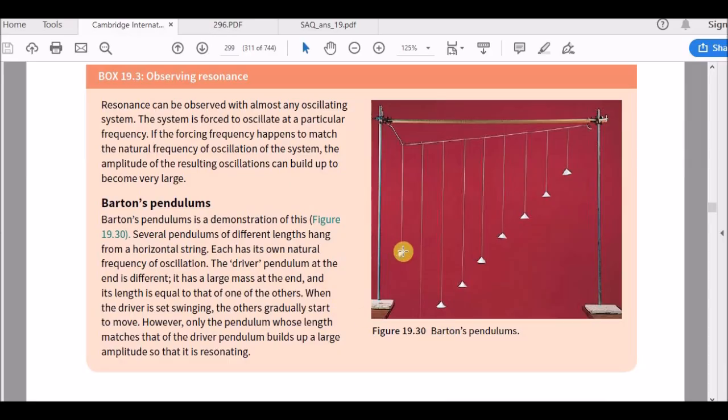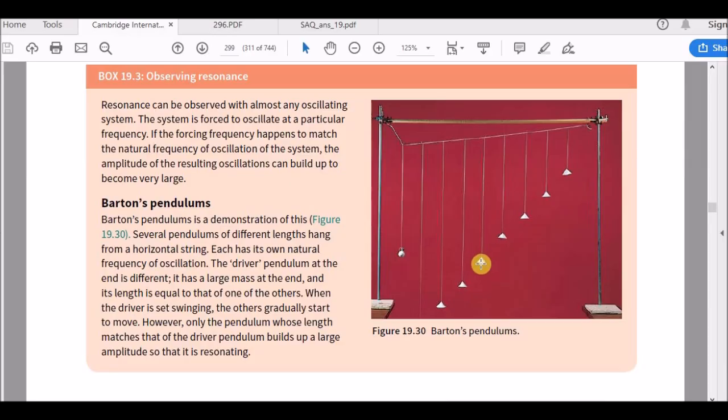Now you can see when you swing this, it will cause this also to swing. This is the driving frequency or forced frequency. This is causing these to swing, so here they are forced to oscillate.